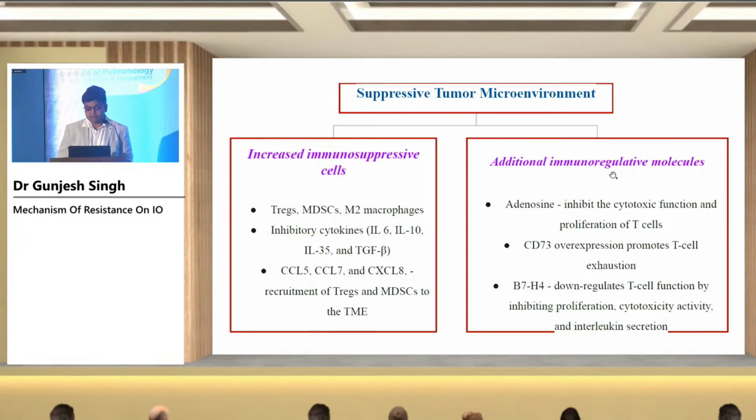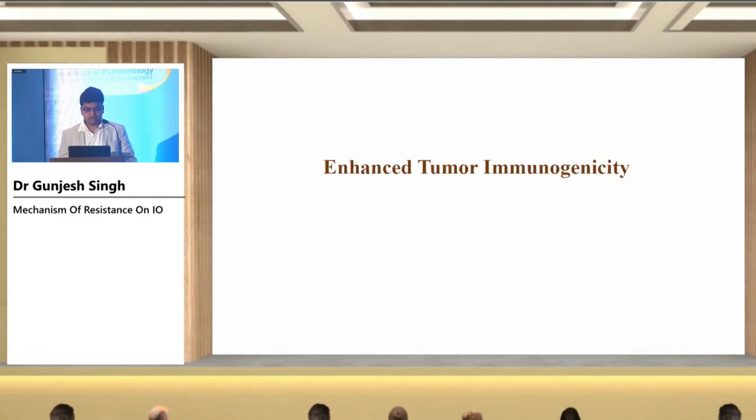What are the other immunoregulatory molecules in the tumor microenvironment? Adenosine inhibits cytotoxic function of T cells. CD73 causes T cell exhaustion. B7H4 downregulates T cell function. So these are intrinsic, host-related, and tumor extrinsic mechanisms of resistance.